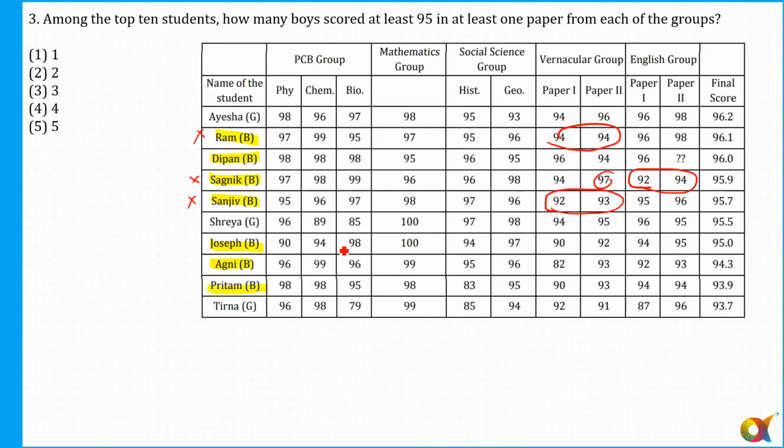Then Joseph: in the PCB group he is getting 98, that is okay. In social science he is getting 97. In the vernacular group he is getting 90 and 92, both less than 95, so Joseph is also not satisfying. Similarly for Agni, 82 and 93 is not satisfying here. And for Preetam, 90 and 93 is not satisfying.